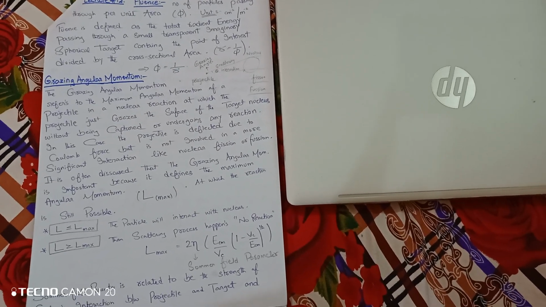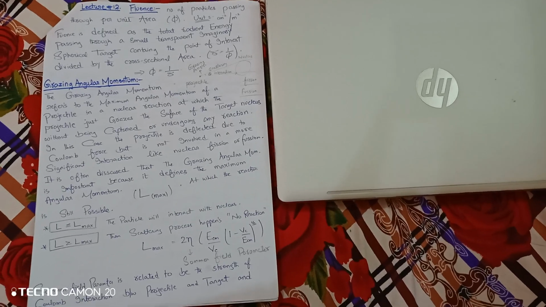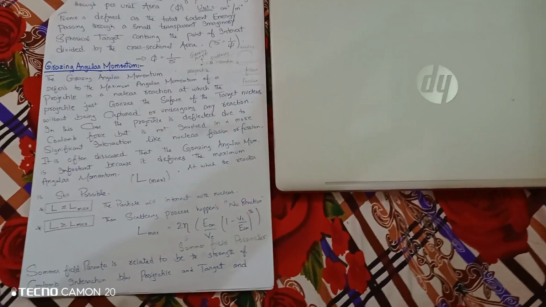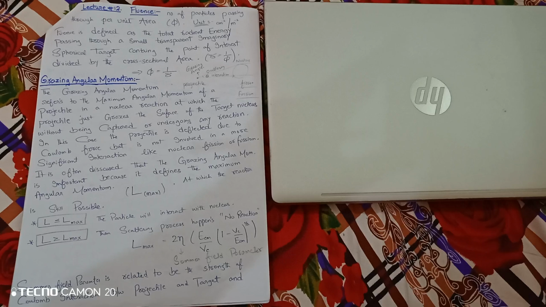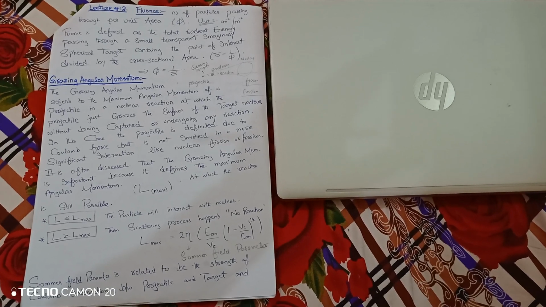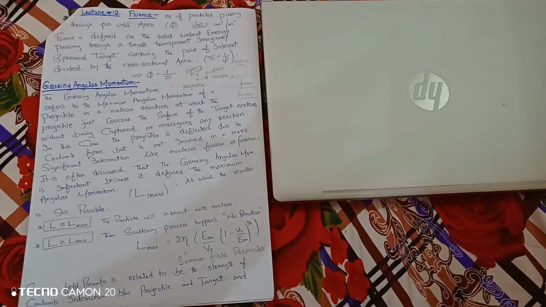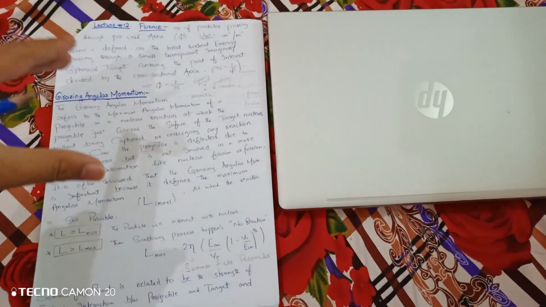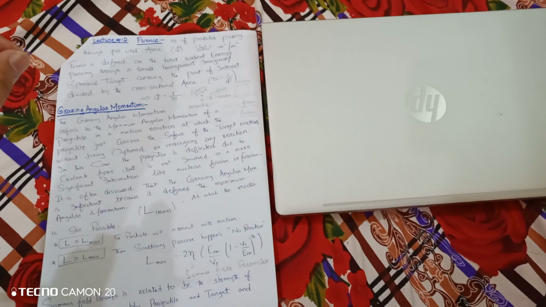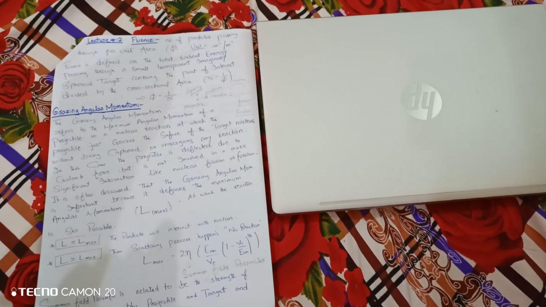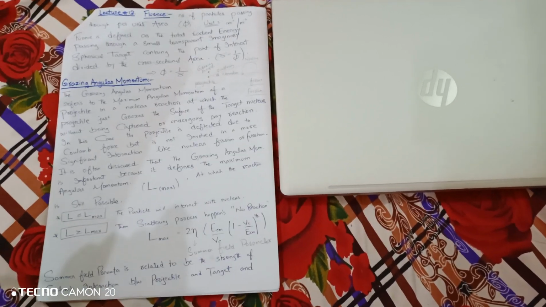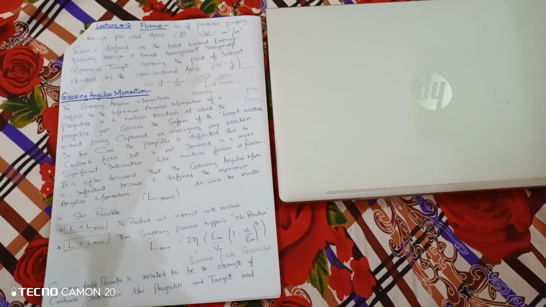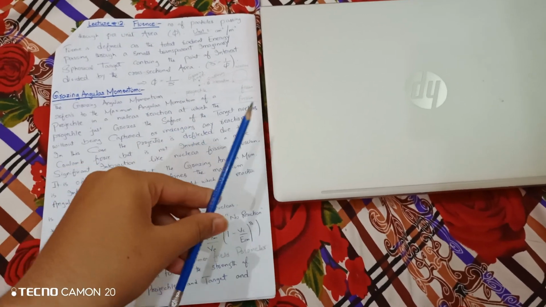So now let's move on to an important topic, which is the grazing angular momentum. What is the grazing angular momentum? As the name suggests, it is an angular momentum: the grazing angular momentum refers to the maximum angular momentum of a projectile in a nuclear reaction in which the projectile just grazes the surface of the target.